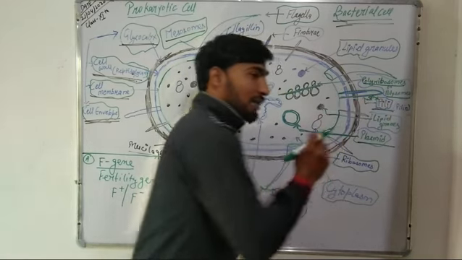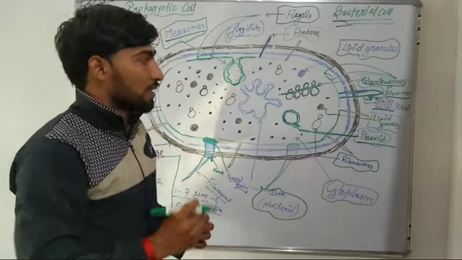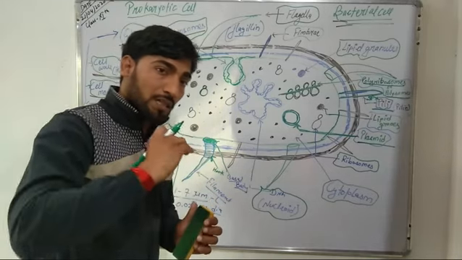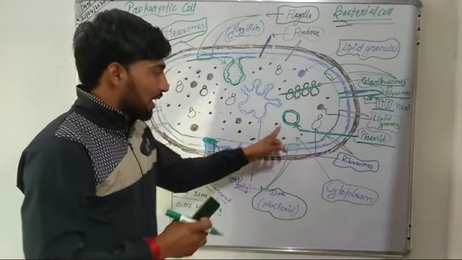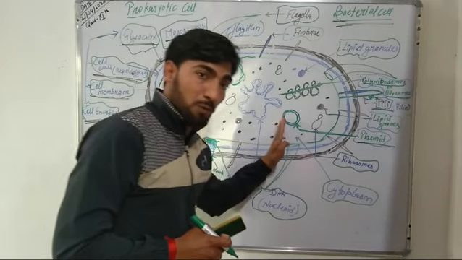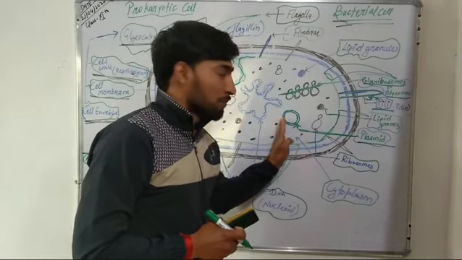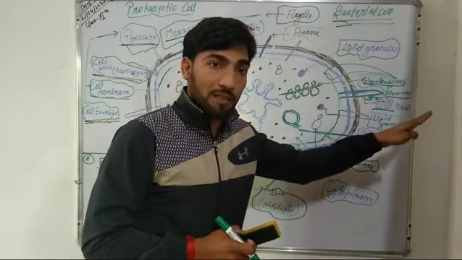These are the tube-like structures through which a copy of this plasmid is transferred from the F positive bacterial cell to the F negative bacterial cell. The bacterial cell which contains the plasmid carrying the F factor acts as a male bacteria, whereas the bacteria which do not contain the plasmid or the fertility factor act as a female bacteria.